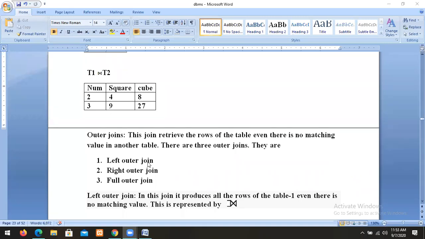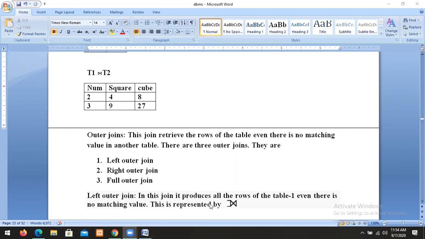There are three outer joins: left outer join, right outer join, and full outer join. What is left outer join?